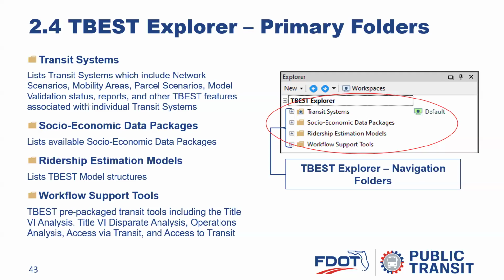So you would select inputs to a wizard that would then produce analysis and maps that you could use for those particular workflows, such as Title VI analysis. That tool is intended for triennial reporting. It produces maps and reports that you could use directly inside of your triennial reporting. So they're meant to fulfill specific transit planning workflows.